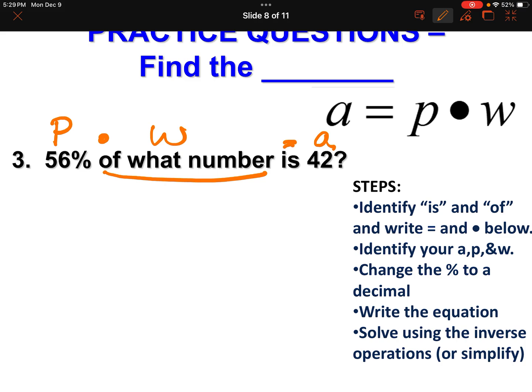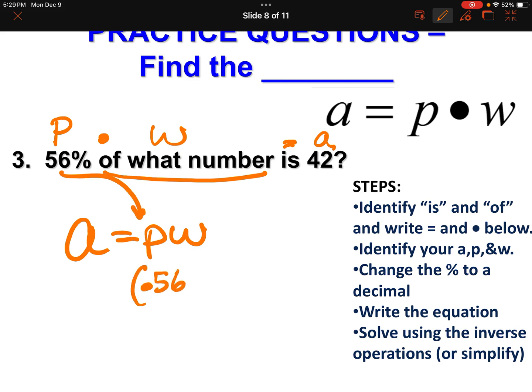I really like the strategy of labeling all the items in the words, and then when I write my equation and I plug things in, I just have to pull them down. 0.56 times W equals 42. This is an equation you've got to divide.